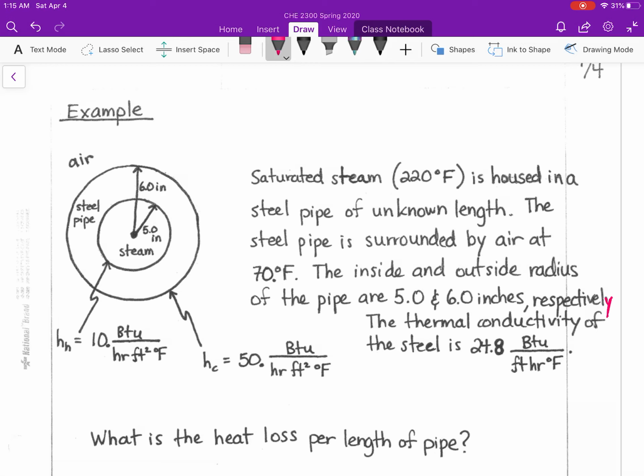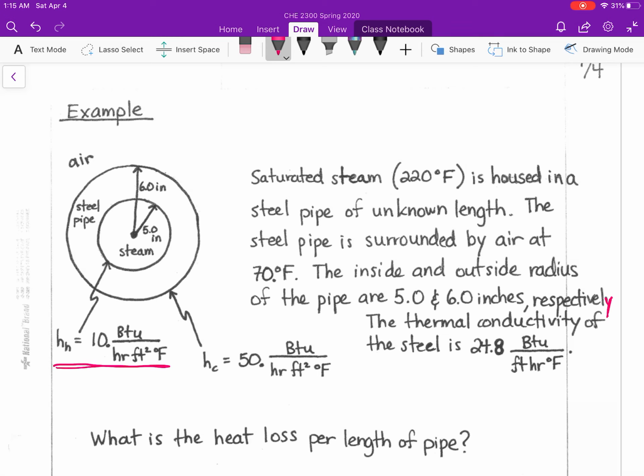The steel pipe is surrounded by air at 70 degrees Fahrenheit. The inside and outside radius of the pipe are 5 and 6 inches respectively, and the thermal conductivity of the steel is 24.8 BTUs per foot hour degrees Fahrenheit.